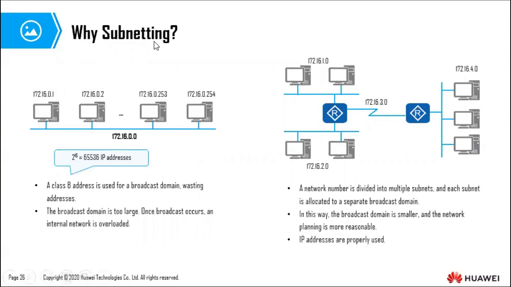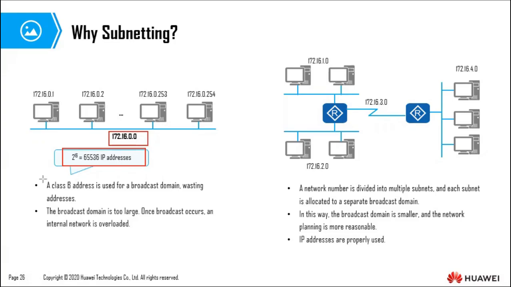But really, let's look at this example. When we have a class B network, that class B network is going to give us 65,536 IP addresses. Are we together?